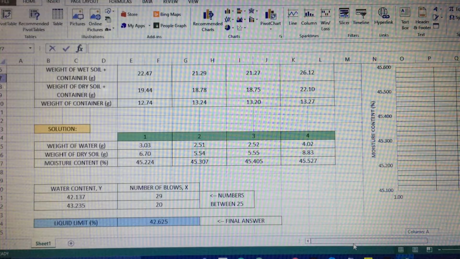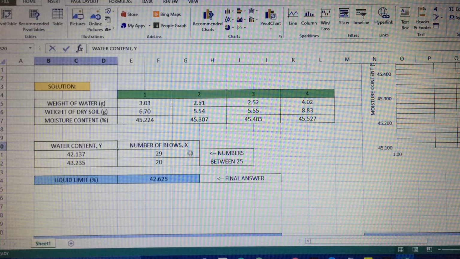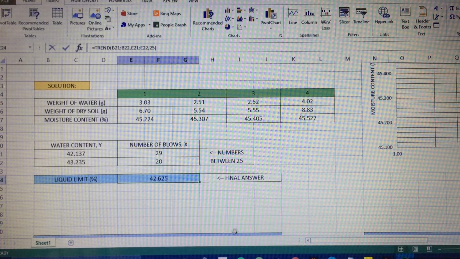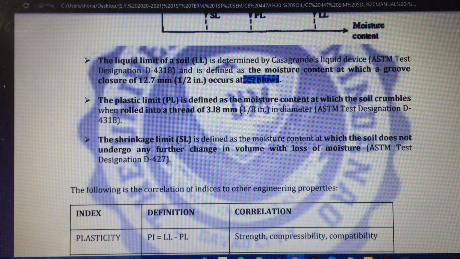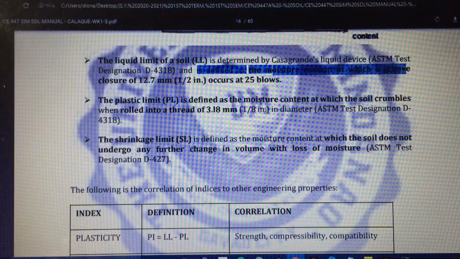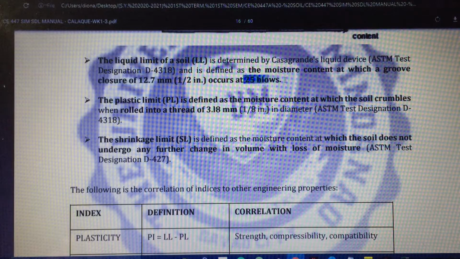So, moving on dito sa pagkuha ng liquid limit, since ang definition ng liquid limit is dito sa naka-state dito sa SIEVE, it is defined as the moisture content at which a groove closure of 12.7 mm occurs at 25 blows.